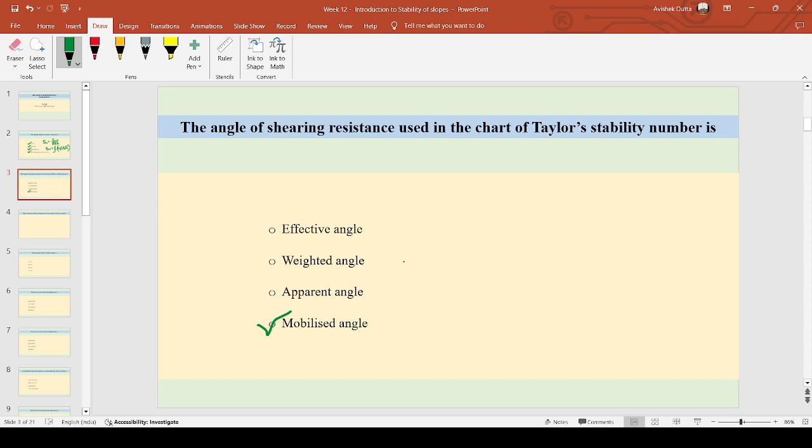Weighted angle is when there are multiple layers and we find the weighted average of the multiple layers. Apparent angle of shearing resistance is not used generally in the stability analysis, and mobilized angle is the friction part which has been used up in covering the shearing force which has been applied in the slope.